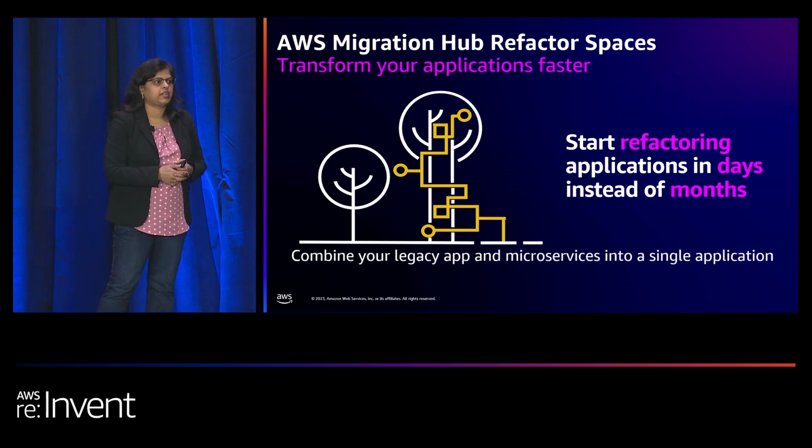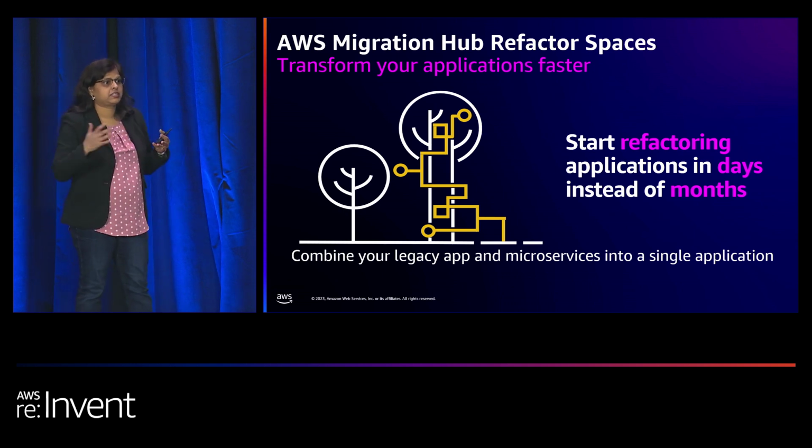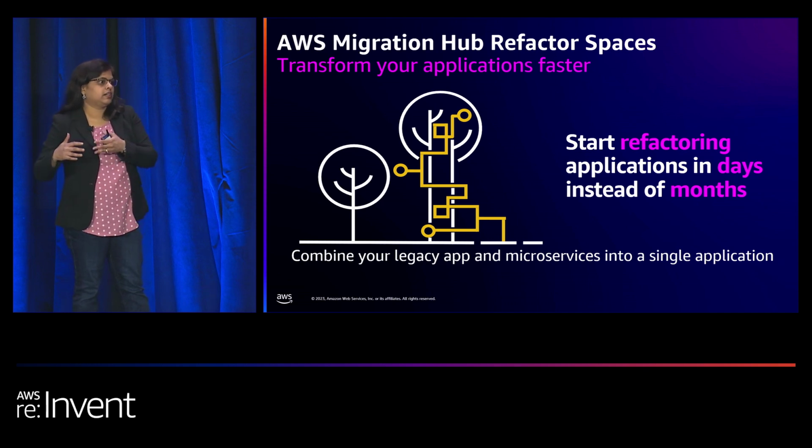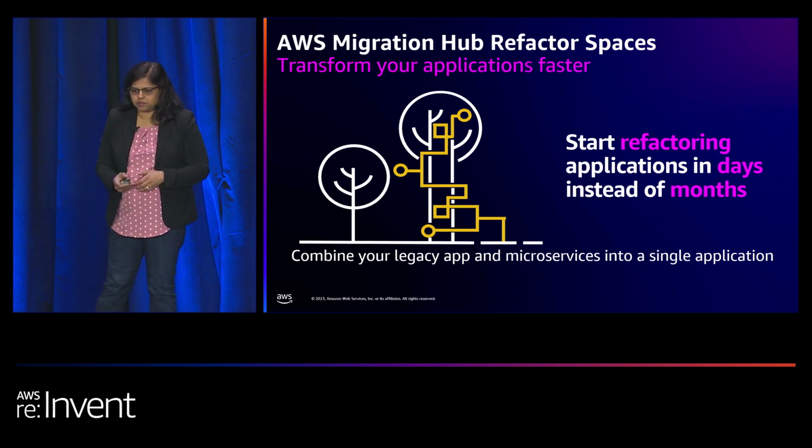It provides the multi-account networking and routing so that you can still have this application, which may be in different stages, being serviced by the original monolith and a subset of microservices. Towards the end of the journey, you'll probably end up with a whole bunch of microservices. Refactor Spaces is going to help you simplify that process and also help you with routing, networking, and other capabilities.